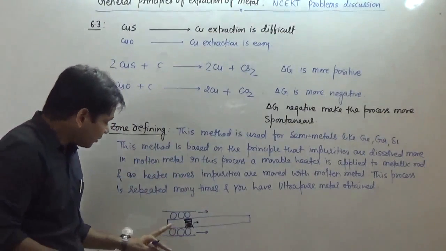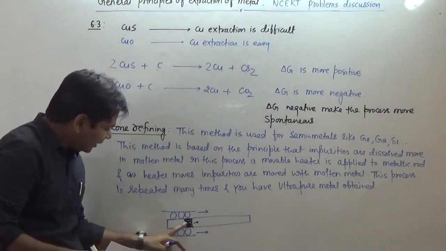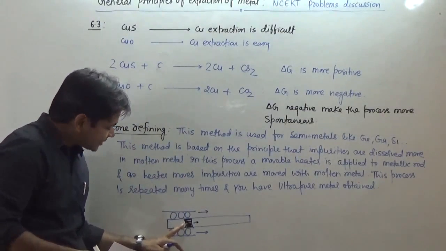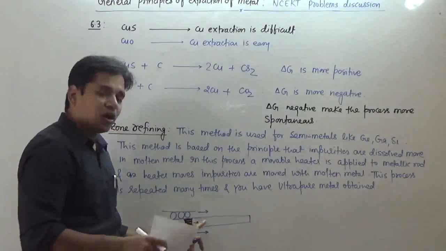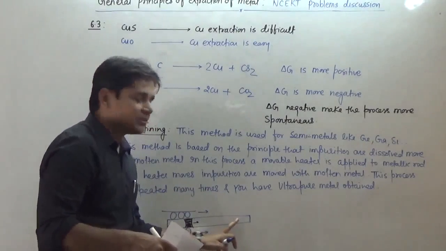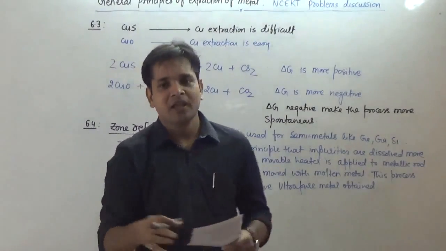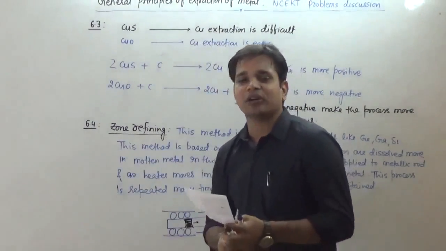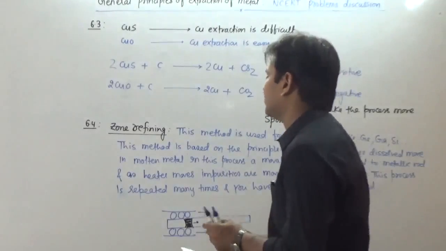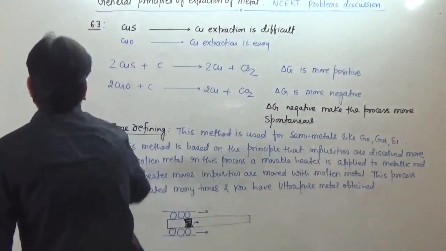With this molten part, all impurities of nearby metals will get dissolved. As it moves further, it will dissolve impurities of all metals, and in this way the metallic rod will become pure. If this process is repeated more and more times, ultra pure metal can be obtained by this method.